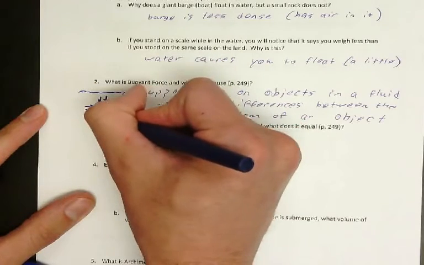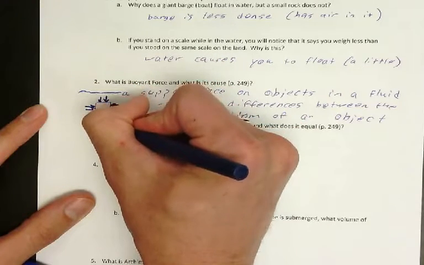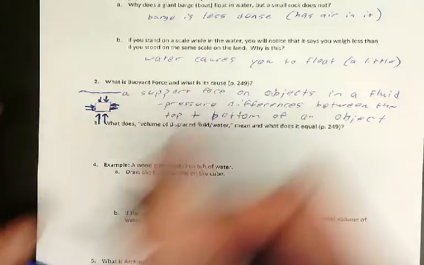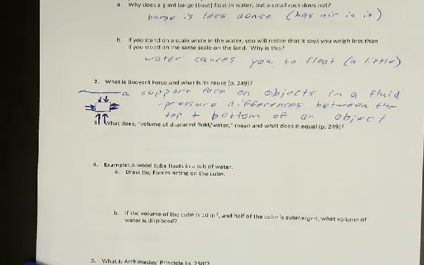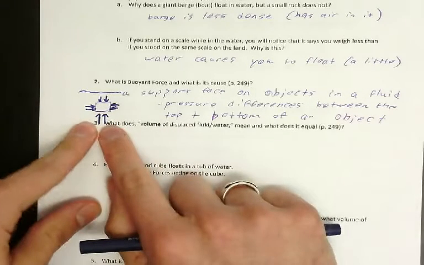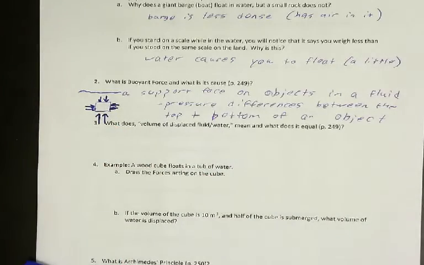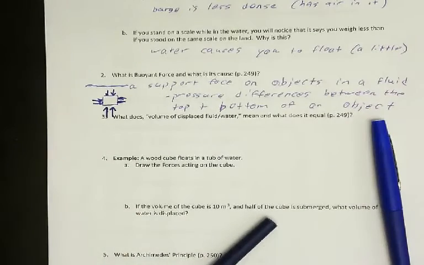What do we know happens to the pressure as you get deeper? More. Yes. So, should there be more or less pressure under the object than above? There should be more under. So the pressure underneath is larger than the pressure up, which means you get a net force up.